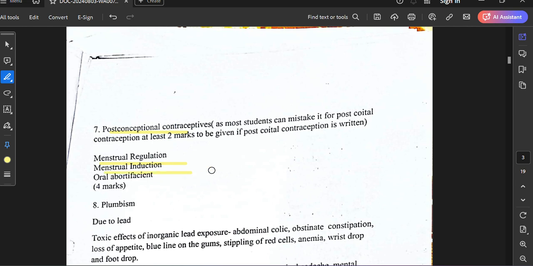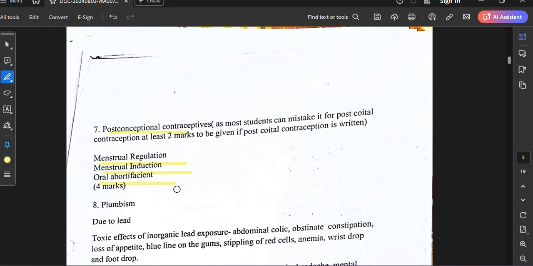then menstrual induction, then you can use oral abortifacients. So these are the post-conceptional contraceptives: menstrual regulation, menstrual induction, then oral abortifacients.